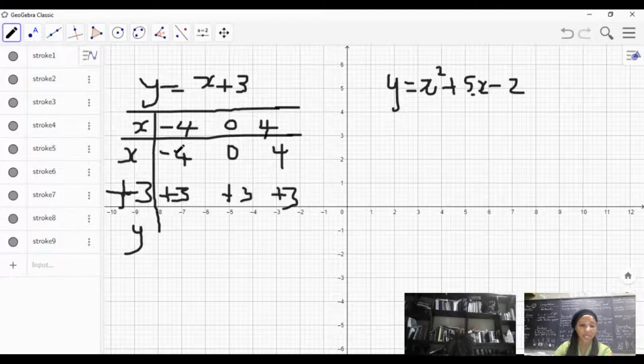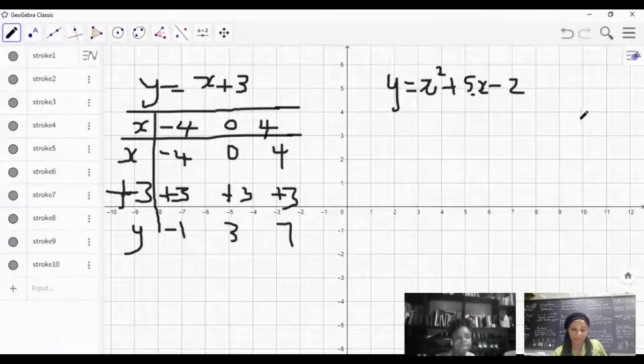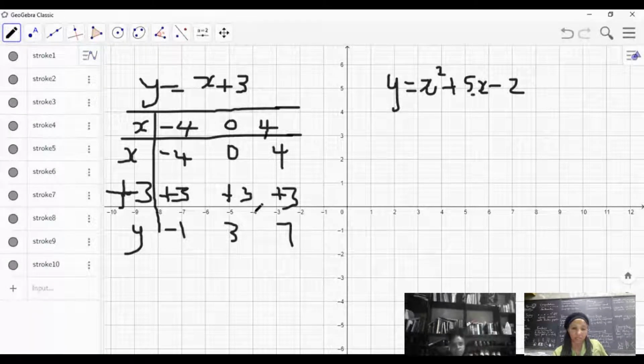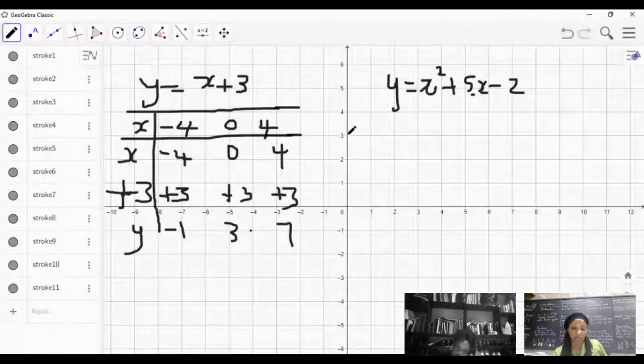So -4 plus 3 is -1, 0 plus 3 is 3, 4 plus 3 is 7. So we would plot (-4, -1), (0, 3), (4, 7), and we would have our line, which will be up there.